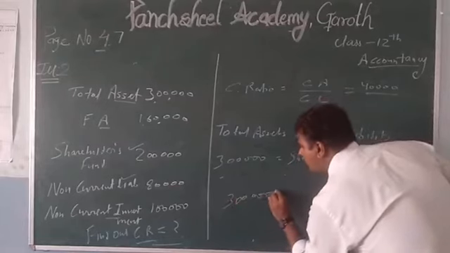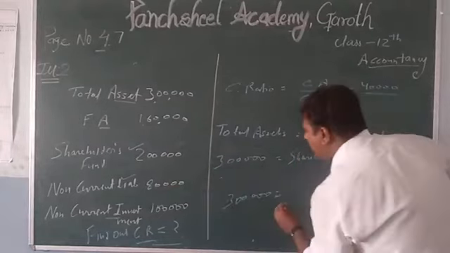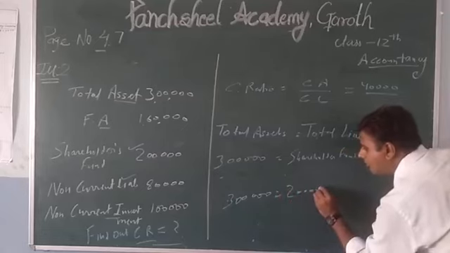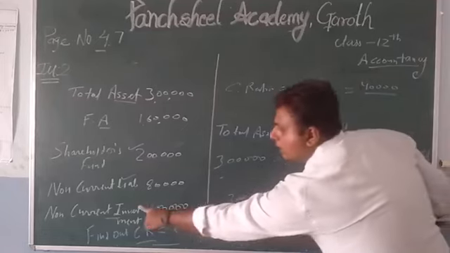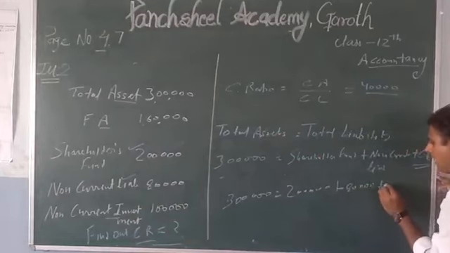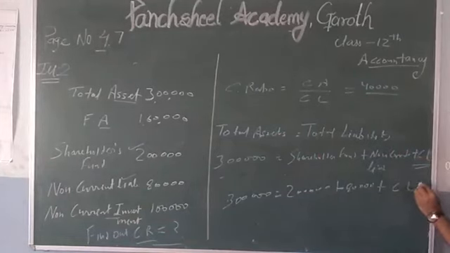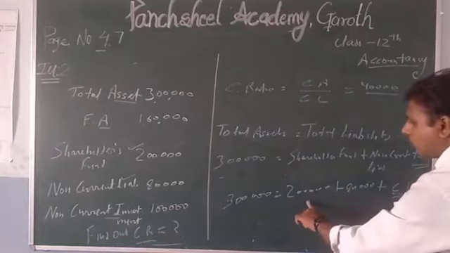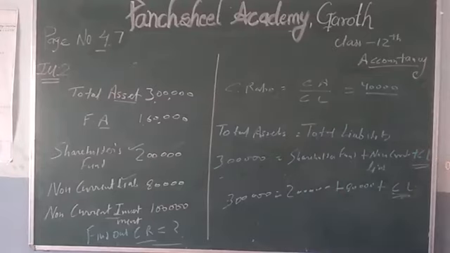So now write in the figures. 3 lakh is equal to shareholder fund 2 lakh plus non-current liability 80,000 plus current liability. But I don't know the current liability. So after solving these, I can find out that the current liability will be 3 lakh minus 2 lakh, 1 lakh minus 80,000. How much? 20,000.